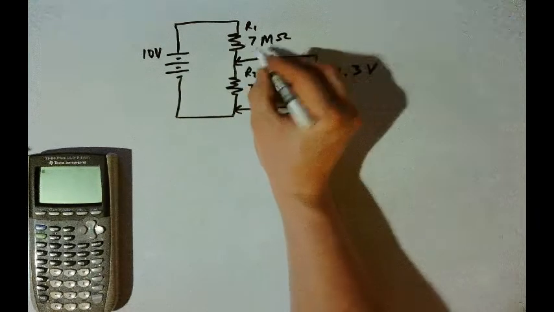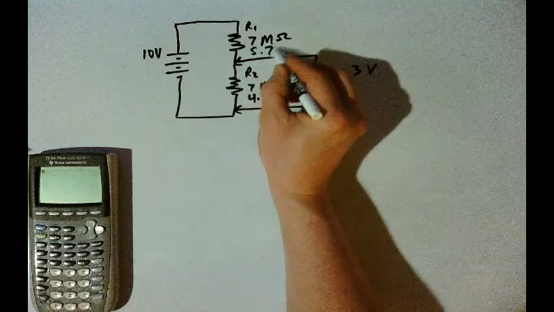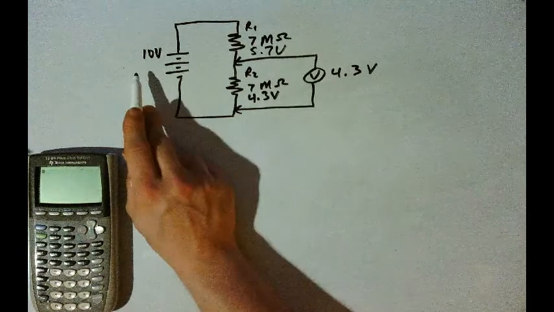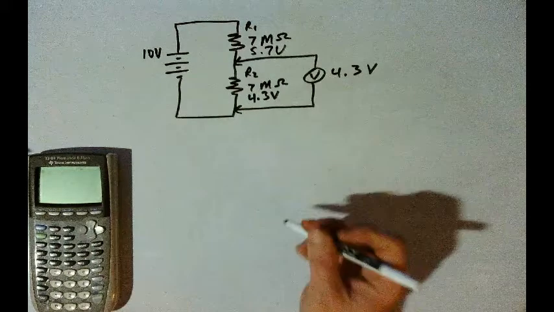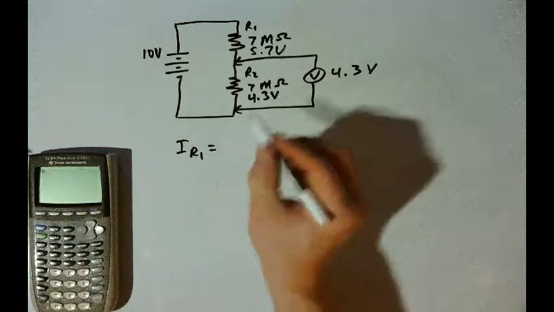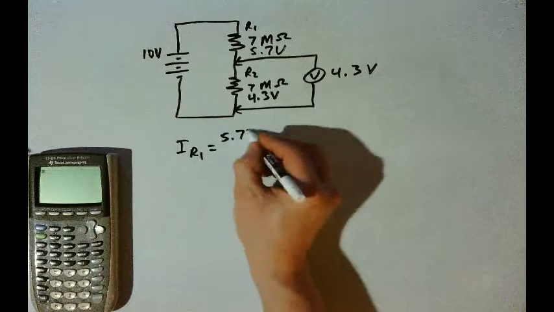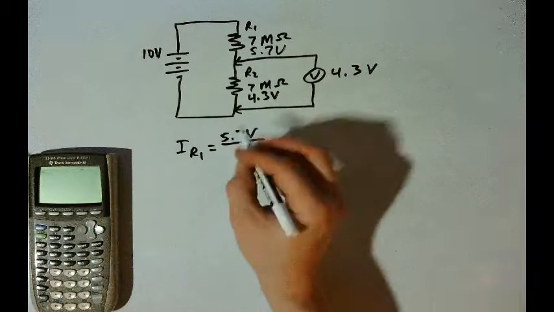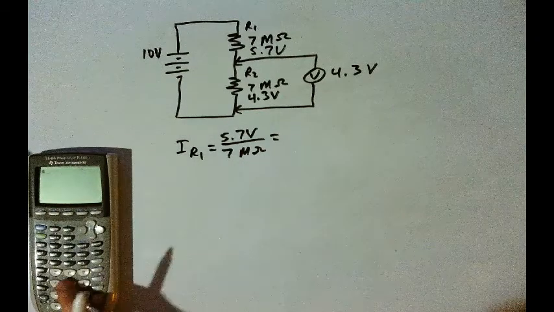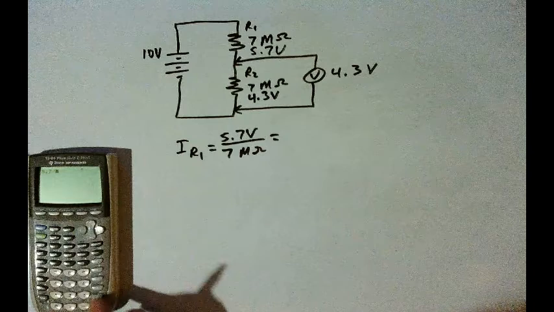Now the currents in these resistors. The current in resistor 1 will be the voltage, which is 5.7 volts, divided by the resistance, which is 7 mega ohms. And so when we divide 5.7 volts by 7 mega ohms, we get 814.3 nanoamps. We can also find the current in R2.